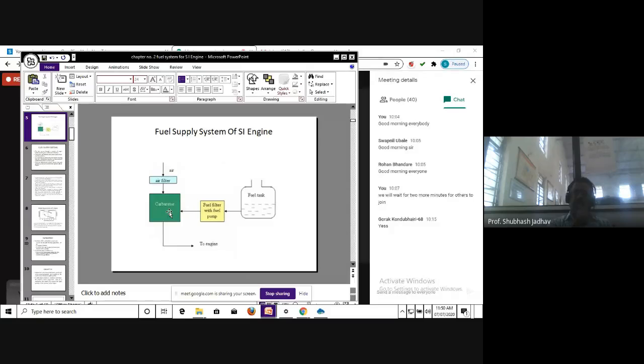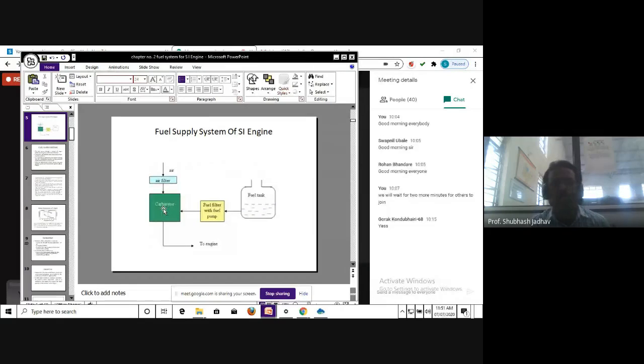Either air has to be converted into liquid and then mixed with the liquid fuel, or the liquid has to be converted into gaseous form and then we can mix it with the air. That is where the requirement of atomization and vaporization comes into the picture.